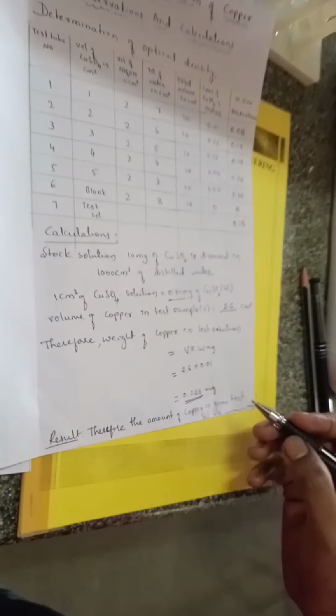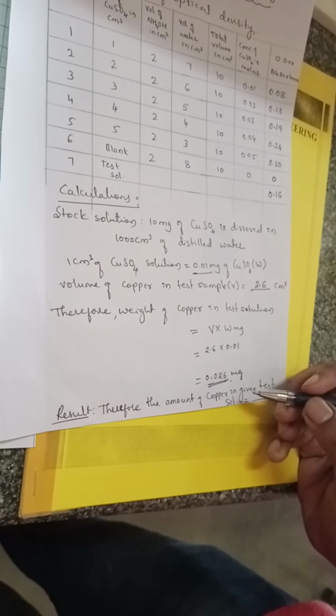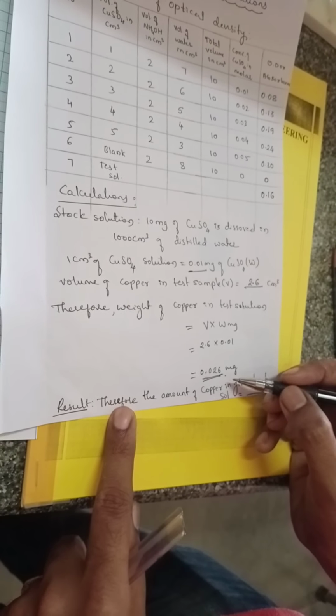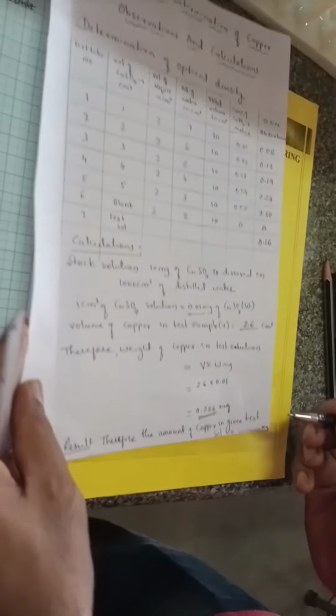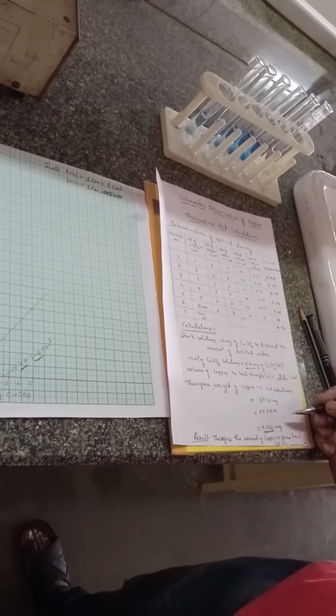So this is the amount of copper which is present in the unknown solution. In this way, we are conducting this colorimetric experiment for the determination of copper which is present in the unknown solution.